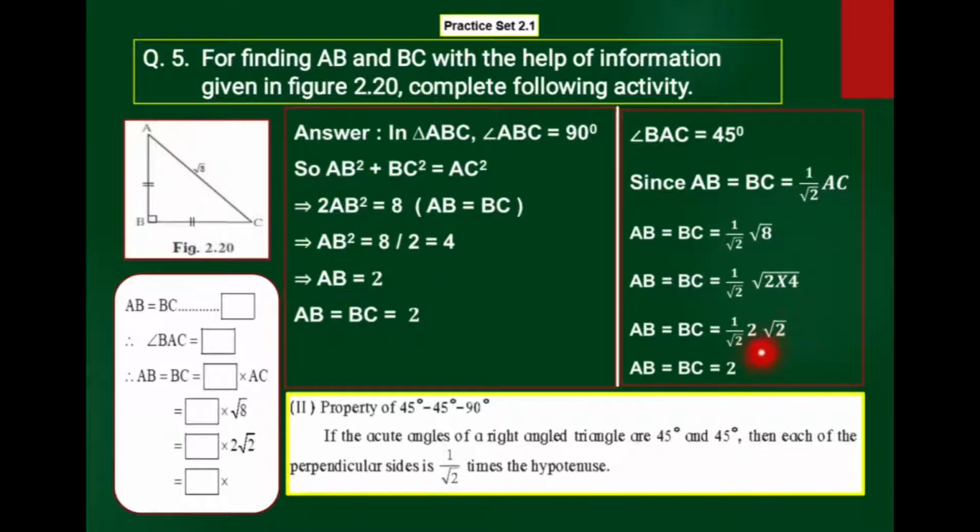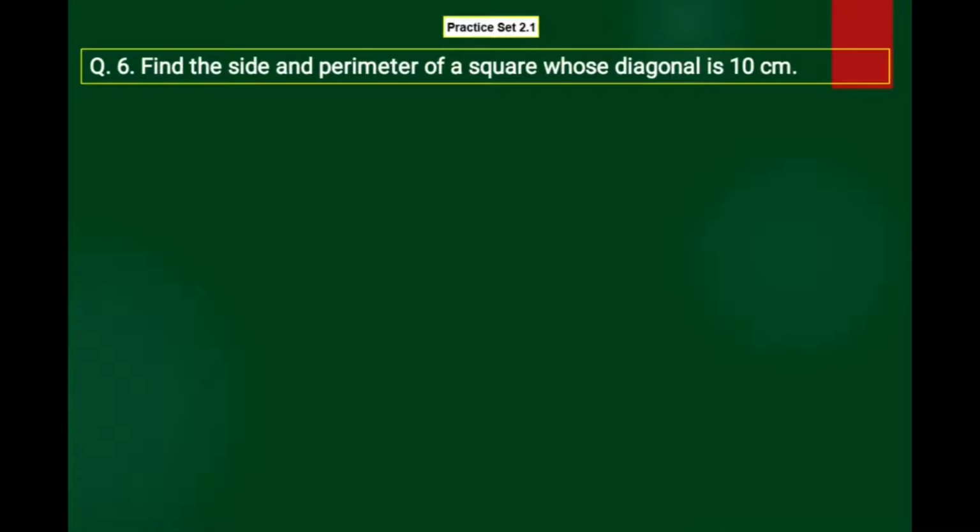So this root 2 gets cancelled, and we get AB equals BC equals 2. In this way we can solve this activity by using both the Pythagoras theorem and the property of 45-45-90. See the next question.